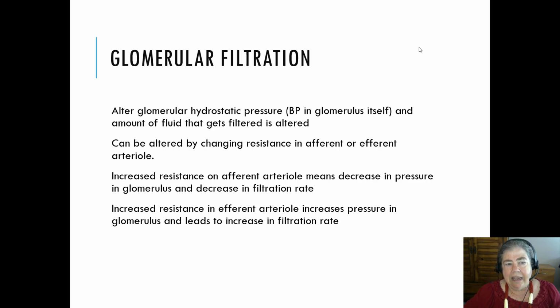And again, if we increase resistance on the afferent arteriole, we constrict the afferent arteriole, we decrease pressure in the glomerulus, and that decreases filtration rate. If we increase resistance in the efferent arteriole, we increase pressure in the glomerulus and we increase filtration rate.